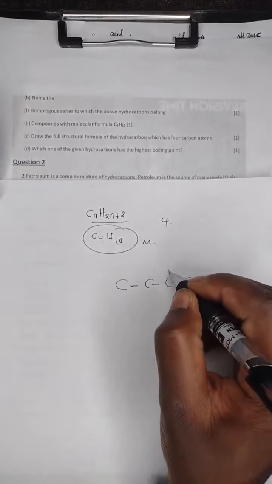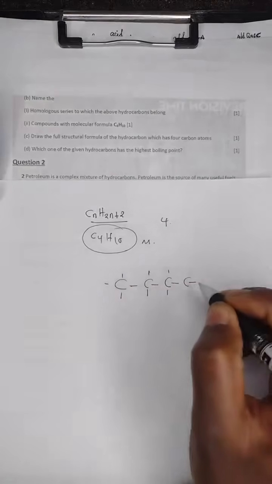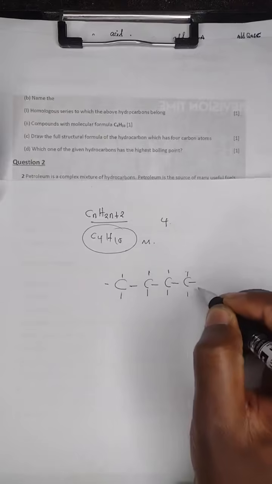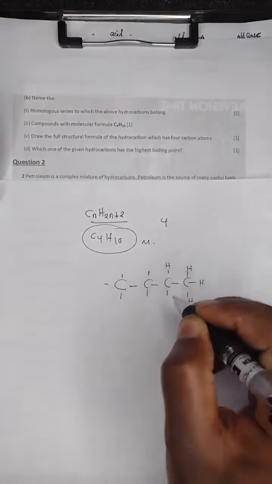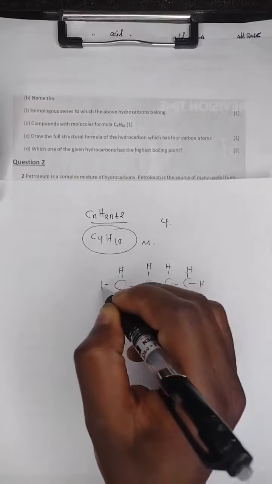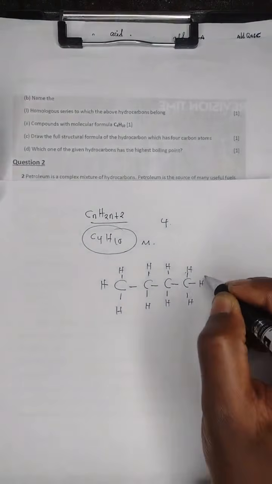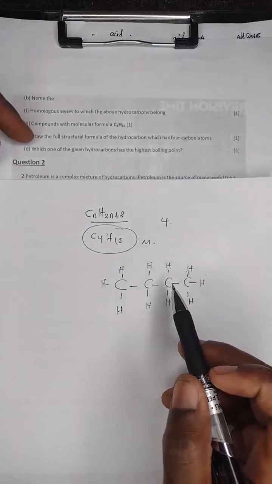So you have 4 carbon connected, and now you connect the hydrogens around the carbon. Bear in mind that 1 carbon should be attached to how many bonds? 4 bonds. Okay, so you have to ensure that. So this is the structure that you are looking for. This is what you are asked to draw on that question C, 1 mark.